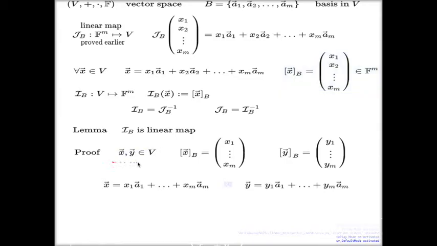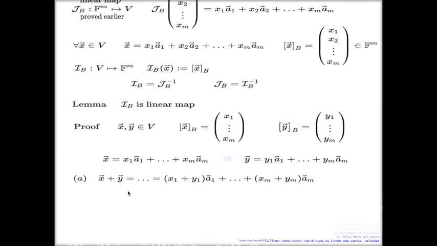Anyway, so I fixed two elements. For these two elements, I can find the representations. Here it is. So now I can argue part A of being a linear map. If I add up these two vectors, x and y, if I add the right-hand sides here through simple manipulations, which I hide by these dots, the representation for the sum will be like so.